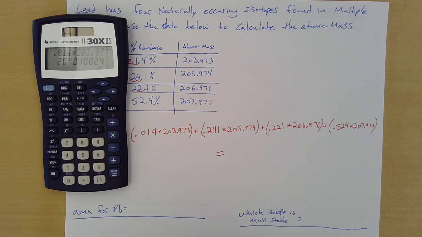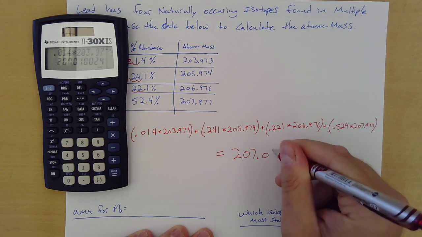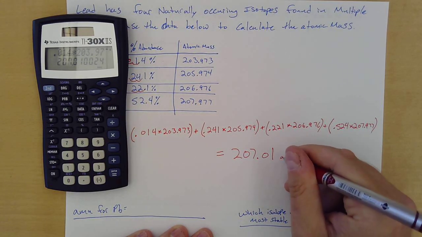This is going to give me 207.1. So we get 207.01, and that's AMUs.